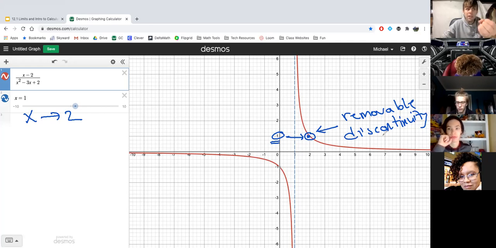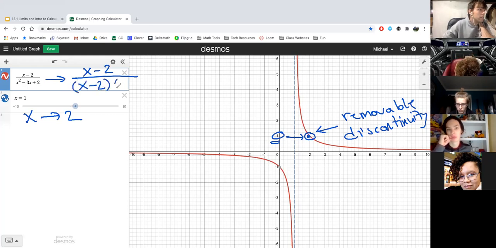The other reason that we consider it to be removable is I can actually change this function. I can factor this and simplify this. If I factor the denominator here, x squared minus 3x plus 2, this actually factors as x minus 2 times x minus 1. And here is me removing the discontinuity. x minus 2 on the top and the bottom go away.